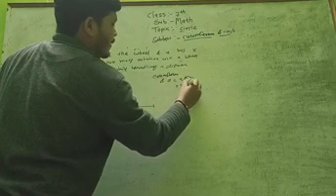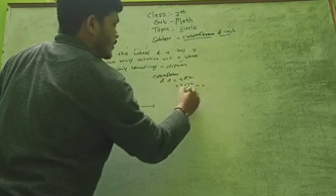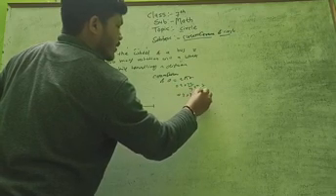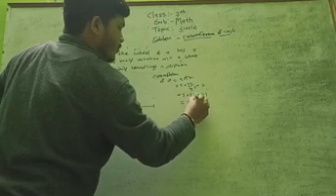That's 2 multiplied by 22 by 7 multiplied by 0.7. That's 2 multiplied by 22 multiplied by 0.1. That is 44 multiplied by 0.1.